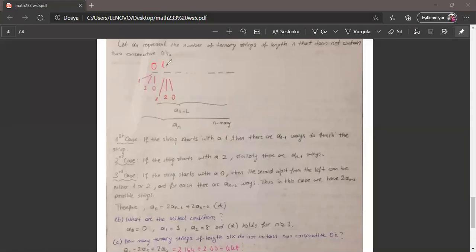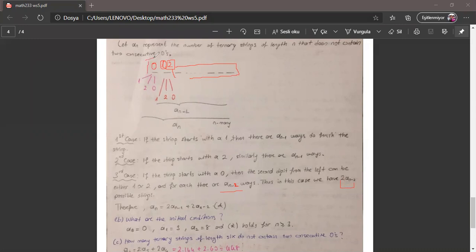We can have either 1 or 2. If it's 1, the remaining can be finished in a sub n minus 2 ways. And if we have 2, again we have a sub n minus 2 ways it can be finished. So for each one we have the same number. So in this case we have 2a sub n minus 2 ways to have such strings.